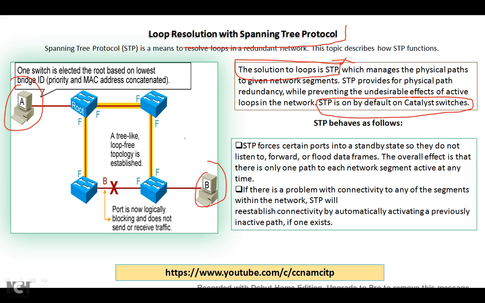So the thing you should understand is, we have one root switch here, and one more switch here, one more switch here, and one more switch here. As you can see, it is mentioned root and it is mentioned B. We will try to understand what all those things are. A tree-like loop-free topology is established.